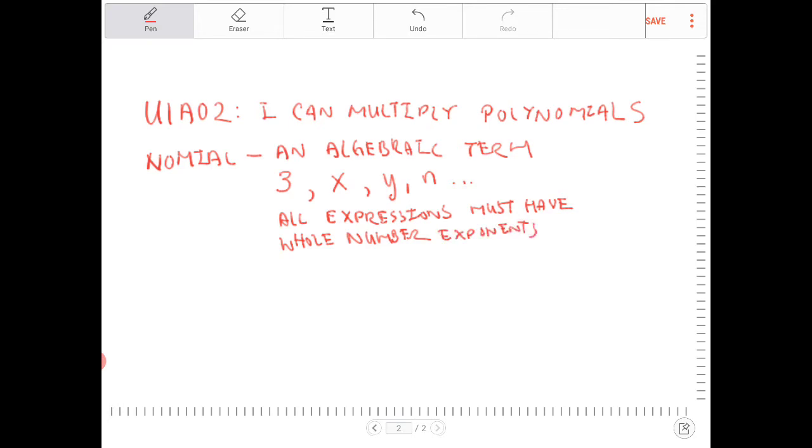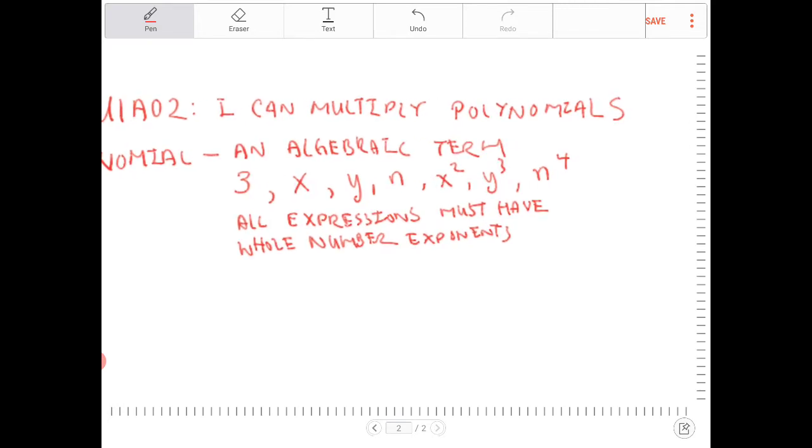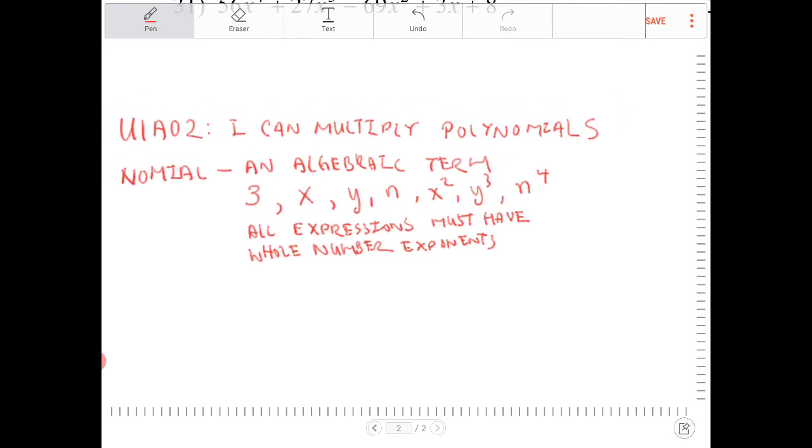And what I mean by that is, yes, we can write x, y, n, okay, but it can also be x squared, y to the third, n to the fourth, okay? And when I say whole number, I mean only the positive numbers. Remember we talked about classification of numbers a couple lessons ago? So whole numbers are any numbers from 0 to infinity, but again, we're talking about just the whole number, okay? So it's the natural numbers plus 0.